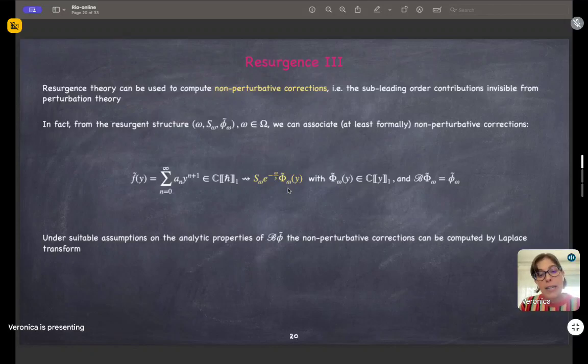And so this is typically the type of information we want to understand and compute when we study resurgent functions. And it is also typically the information that physicists are interested in, because it's what a priori they cannot have access to through perturbation theory. And the function here, phi tilde, is just formal.